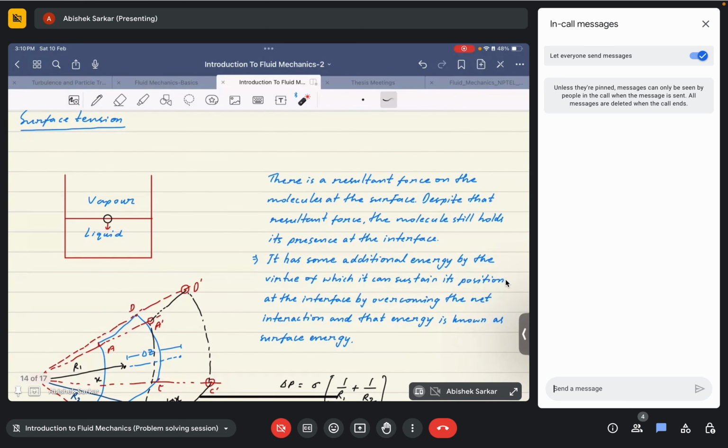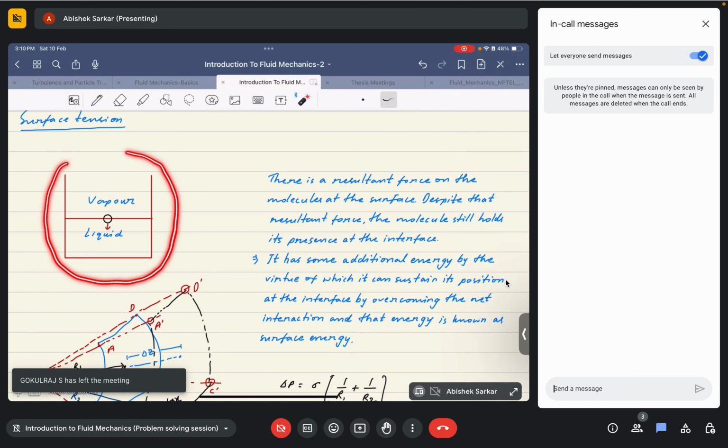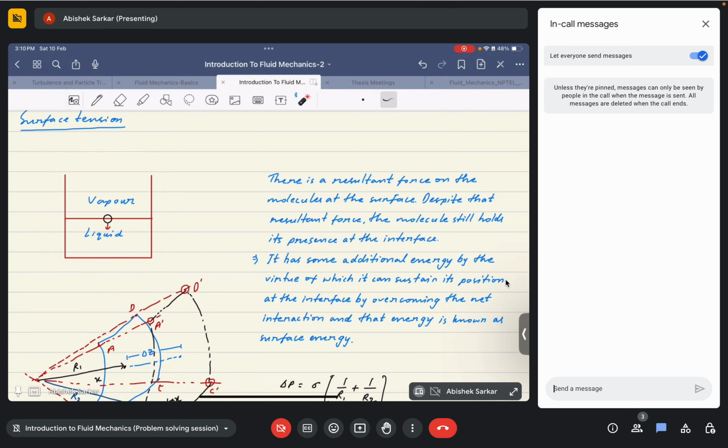This is an example that was discussed by Professor Chakraborty. For example, if there is a water molecule above the liquid surface, say this is one of the water molecules, and this molecule is interacting both with the atmosphere, that is air, and the liquid below it. This molecule will have various other molecules with certain cohesive forces between them.